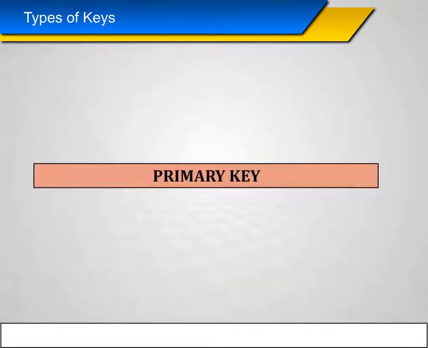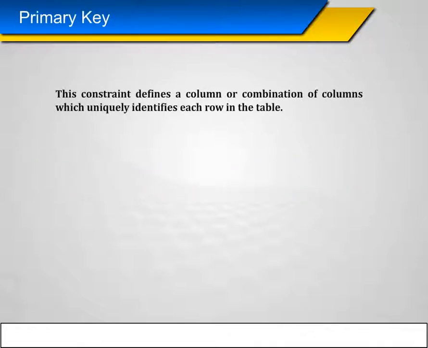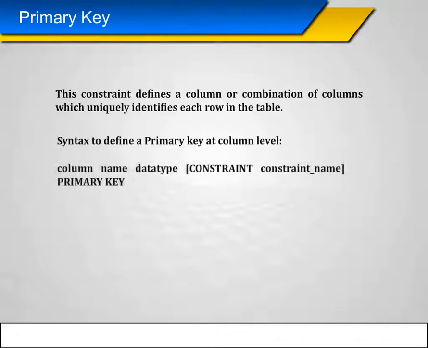Primary key. This constraint defines a column or combination of columns which uniquely identifies each row in a table. Syntax to define a primary key at column level: column name, data type, constraint name, primary key.